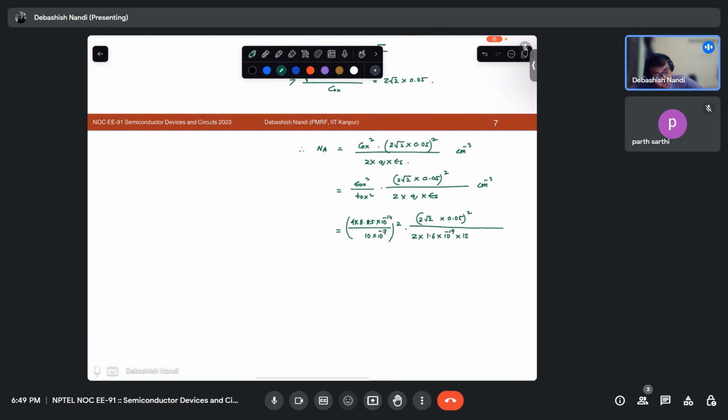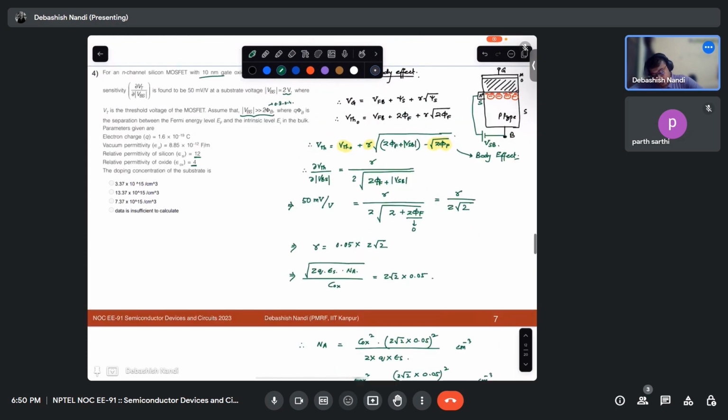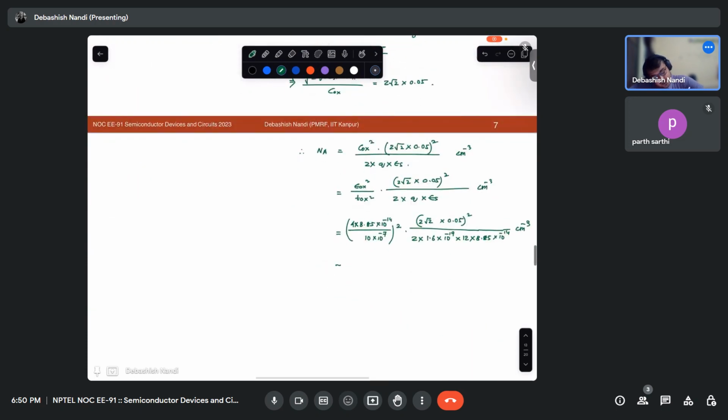Epsilon s would be 12 into 8.85 into 10 raised to minus 14. Okay. So if you compute it, it will come out to be 7.37 times 10 raised to 15 centimeter cube.